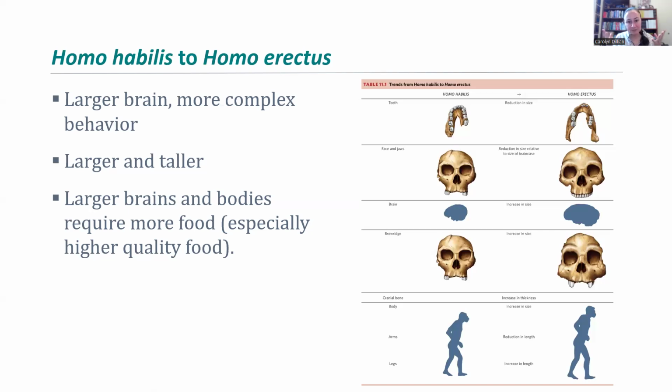The brain is bigger, although their skull still has those heavy brow ridges and is a little bit more prognathic. But Homo erectus evolved a body like ours, a long-legged body like ours. And so now we have to think about why this evolutionary trajectory happened.